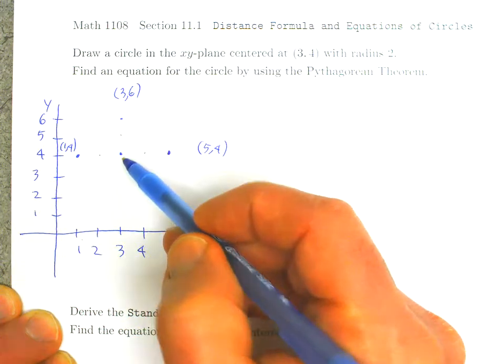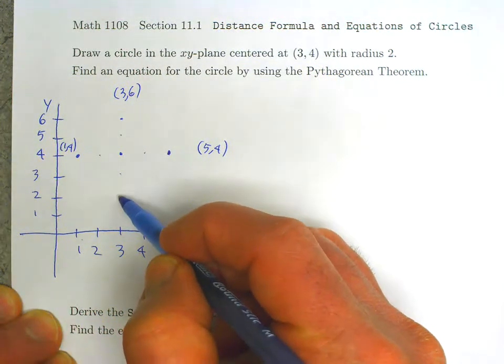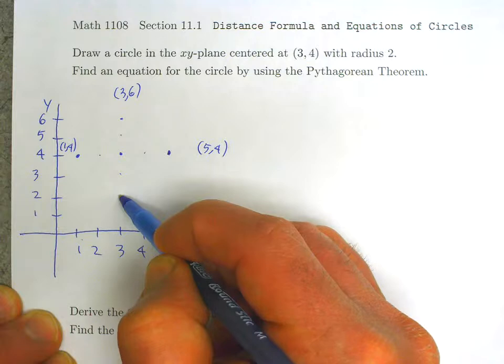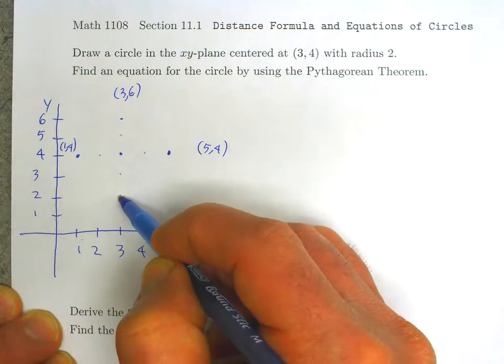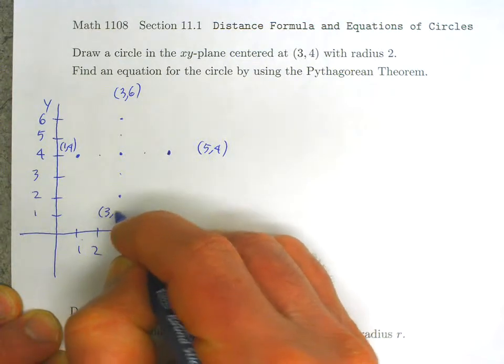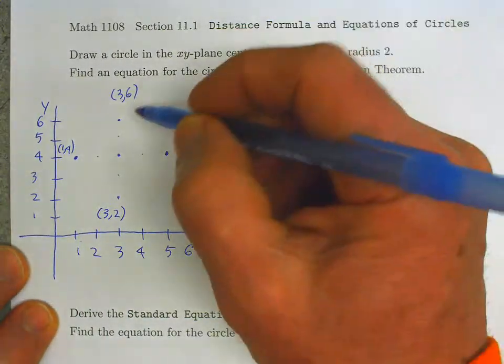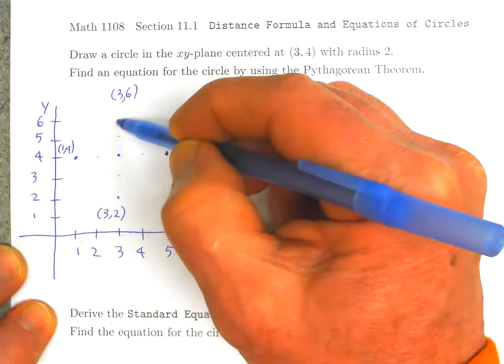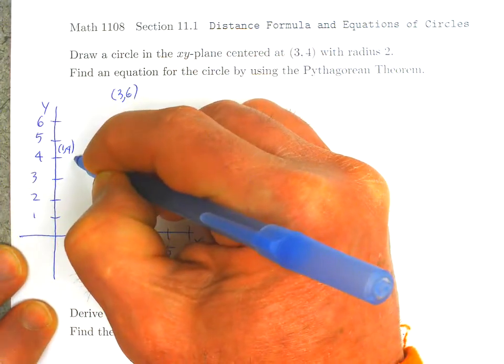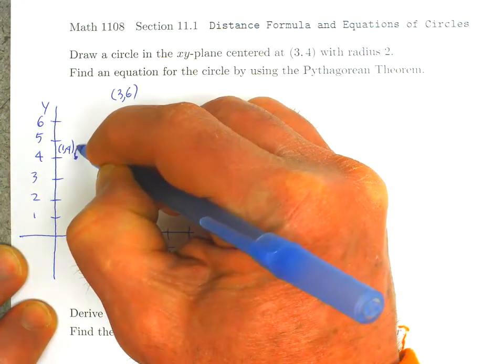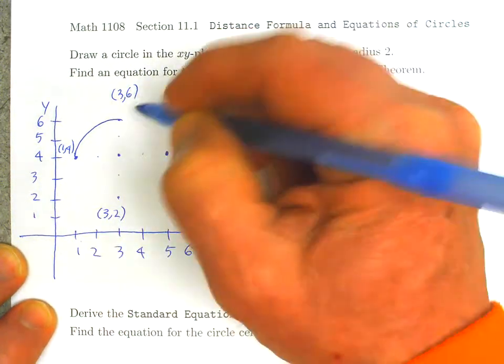And then from the center, if I move vertically down, I get another point on the circle. So this point is (3, 2). Okay, then I'm going to try to draw a circle by connecting those points. So just pretend like this is a circle.